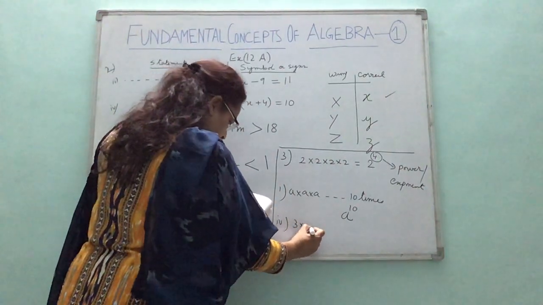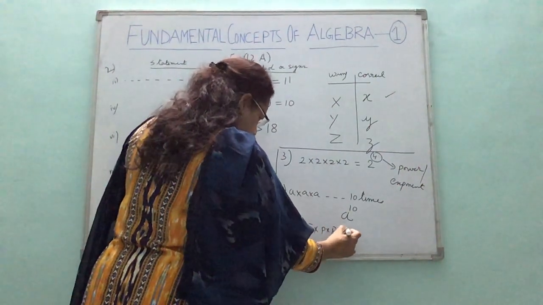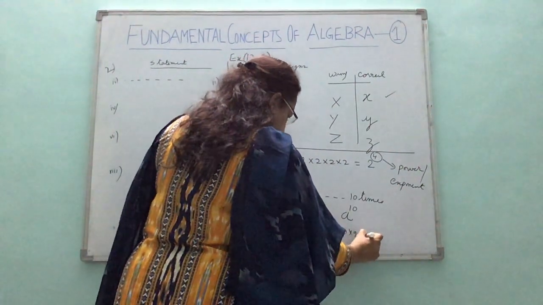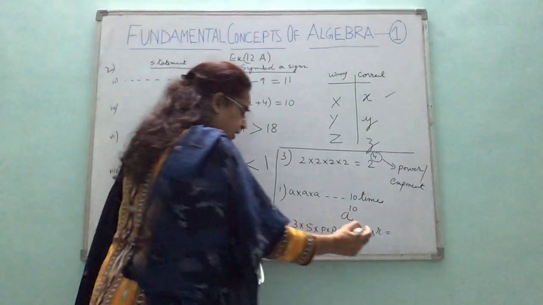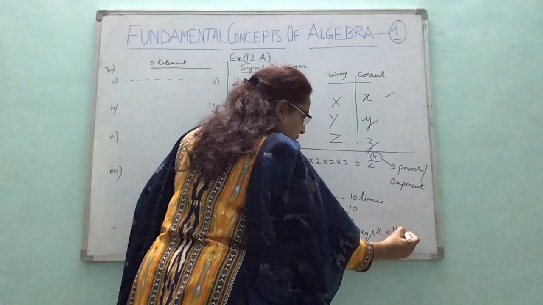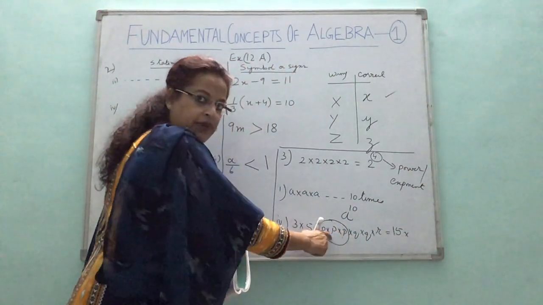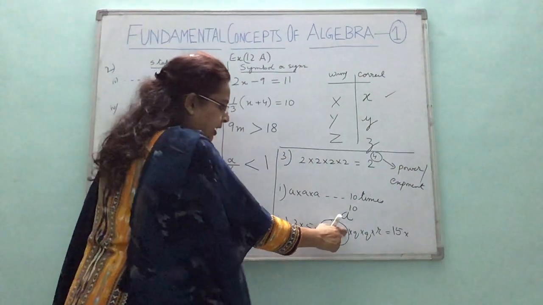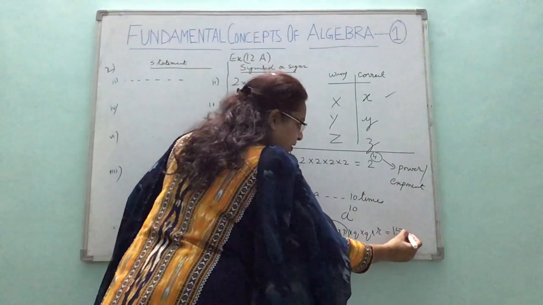3 into 5 into P into P into P into Q into Q into R. So 3 and 5, okay, I write 15. Now P is multiplied. It should be same variable or same constant. P is 3 times. So I will not put multiplication sign.